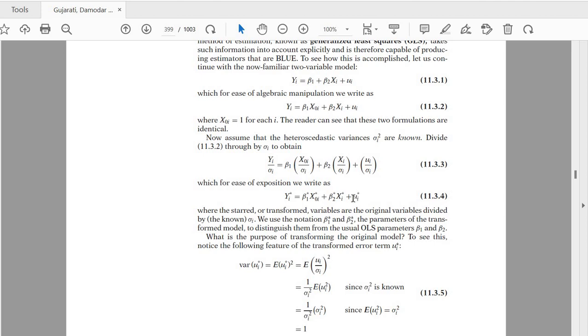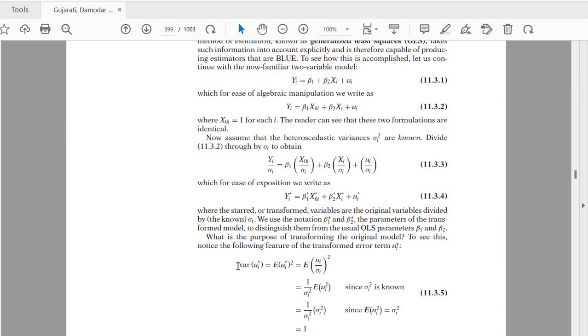If the variance of ui star is a constant number, then the problem of heteroscedasticity has gone, and now we can apply OLS on this model. But if the variance of ui star is again a variable, then this model still has the problem of heteroscedasticity. So to check whether the variance of ui star is constant or not, the most important thing is that we should calculate the variance of ui star.